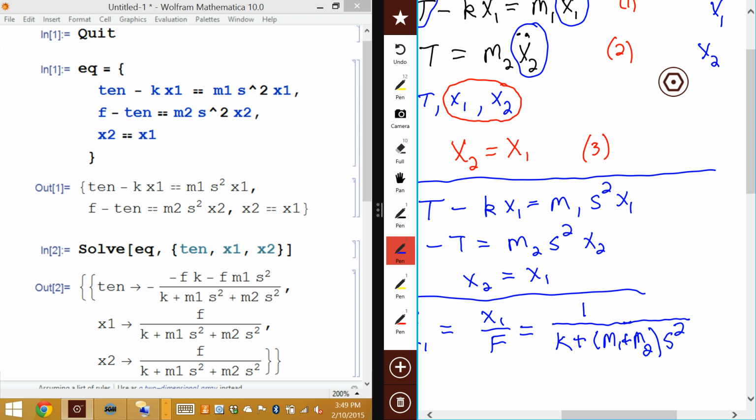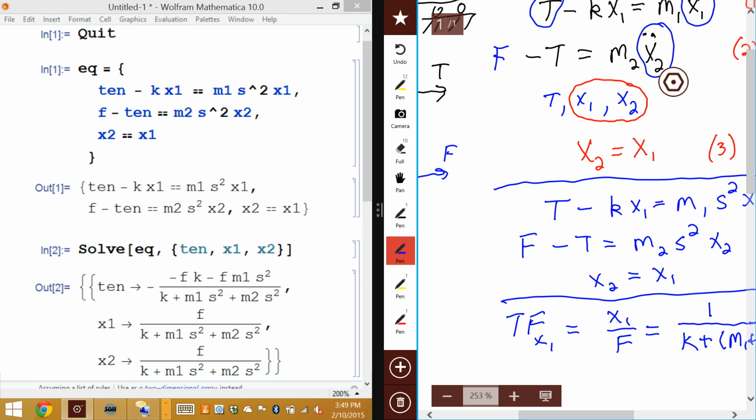The transfer function for x2 is exactly the same. It's probably no surprise.